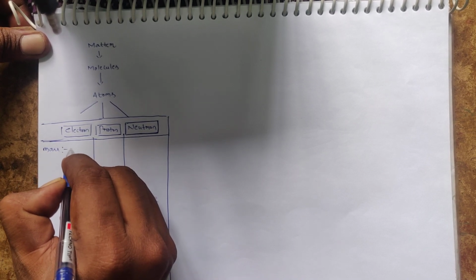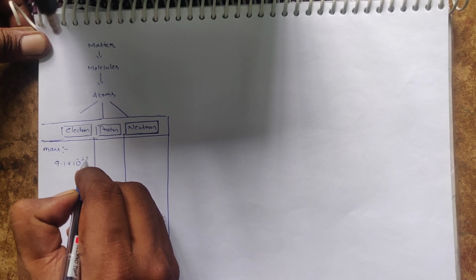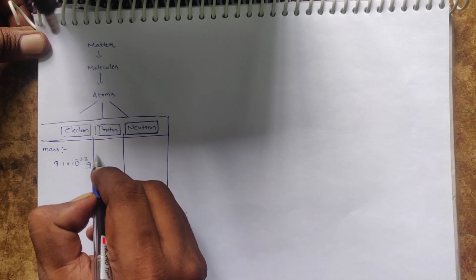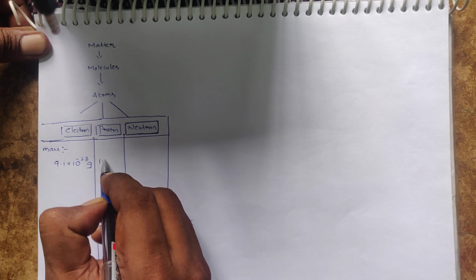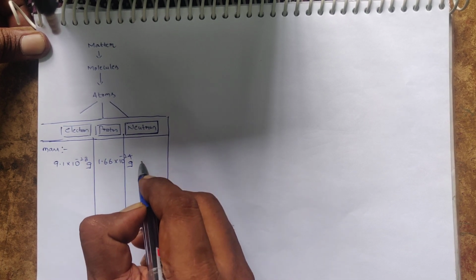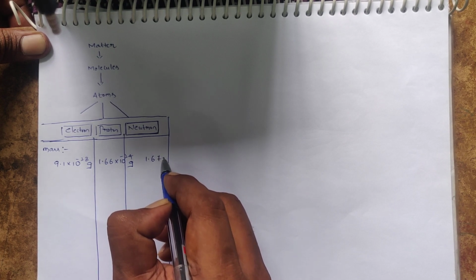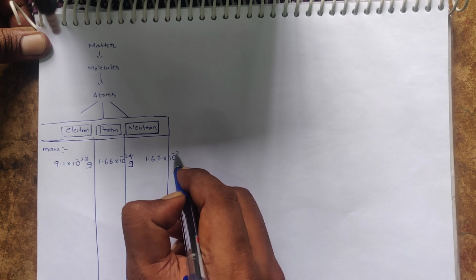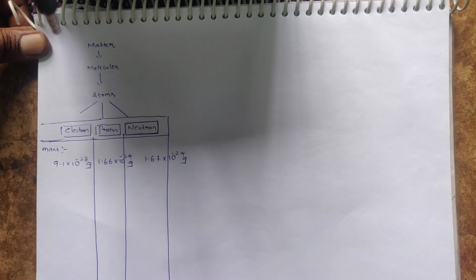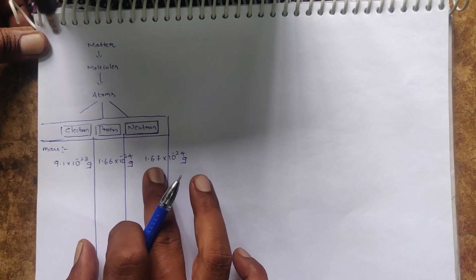Mass of electron is 9.1 into 10 power minus 28 grams. Come to the mass of proton, 1.66 into 10 power minus 24 grams. Come to the mass of neutron. It is almost equal to the mass of proton, that is 1.67 into 10 power minus 24 grams. These are the masses of electron, proton, neutron.